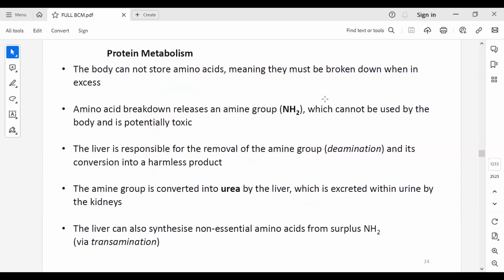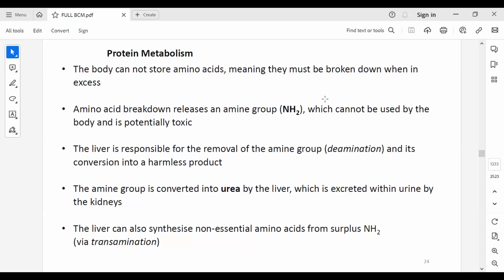So another important metabolism in the liver is the protein metabolism. The body cannot store amino acids, meaning that they must be broken down when in excess. And that's why most of the amino acids, you see them as urea.